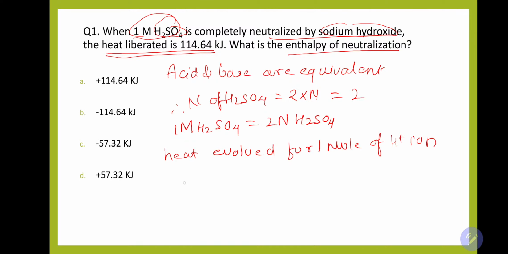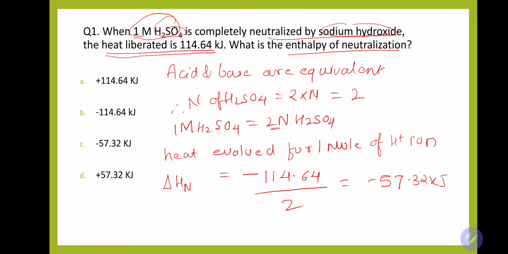So the enthalpy of neutralization is equal to minus the heat liberated, 114.64, upon 2, which will give you the answer minus 57.32 kilojoules.